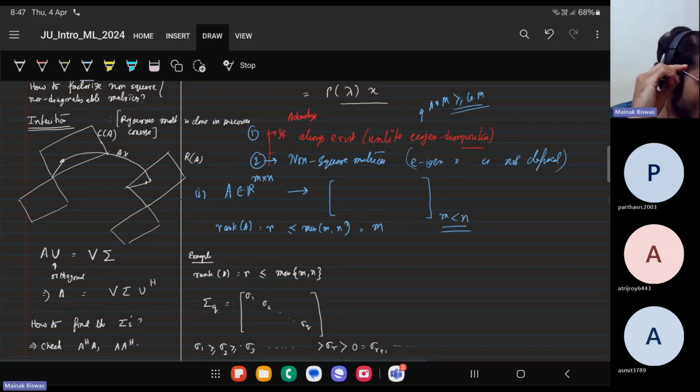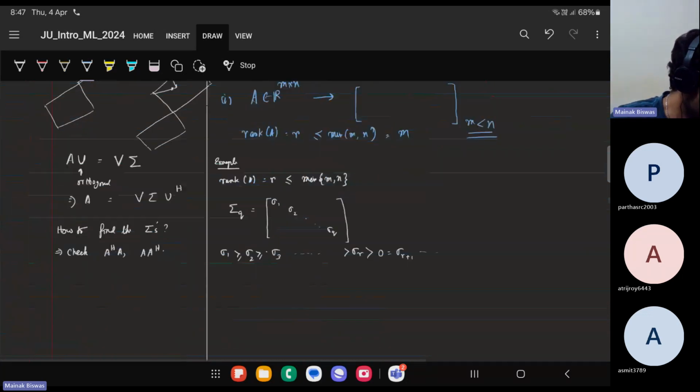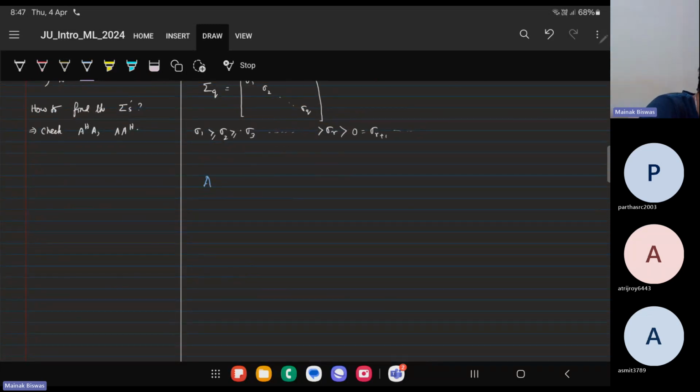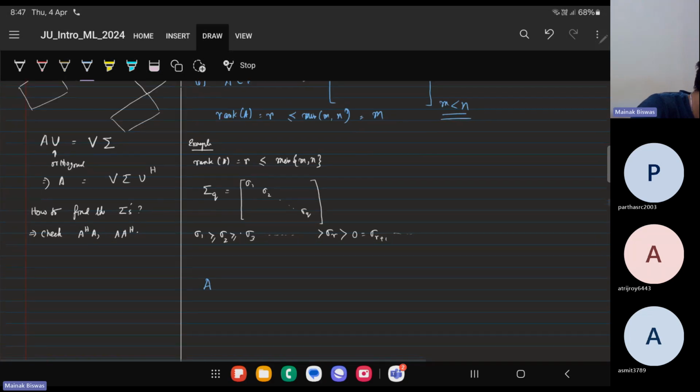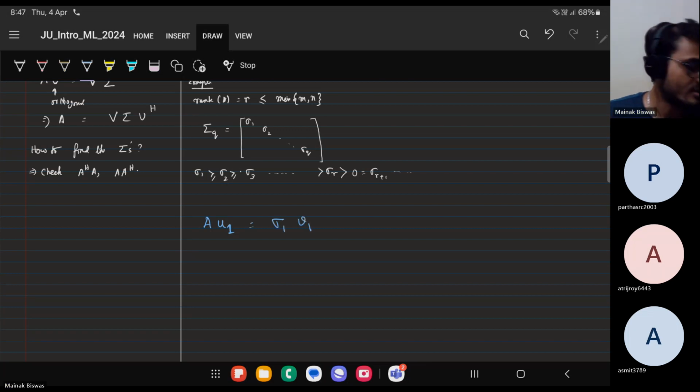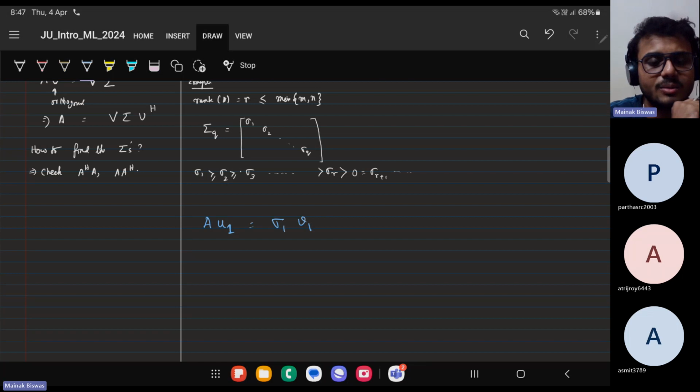Okay. Now I'll show you what exactly I am going to do. Let us draw this diagram first. If I write, say, AU1 equals sigma 1 V1, I can write this, it is not a problem.